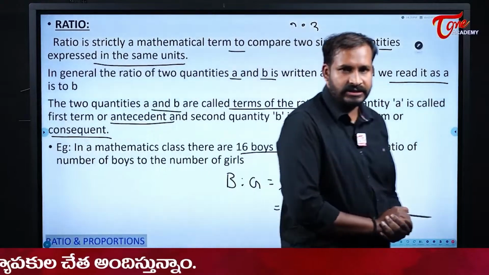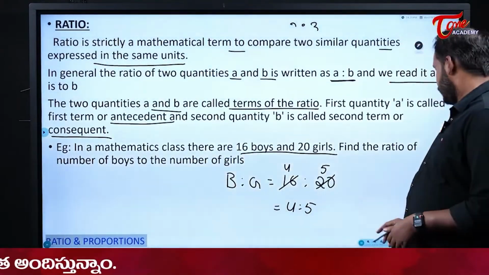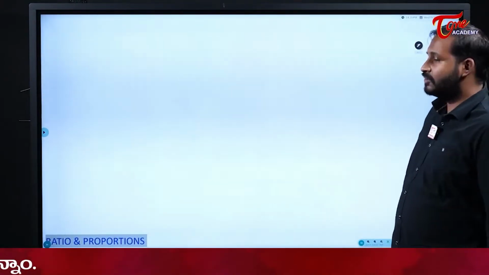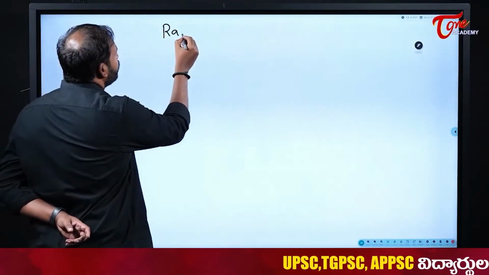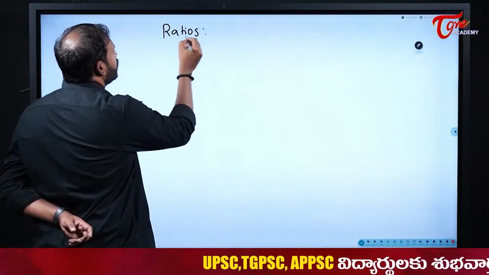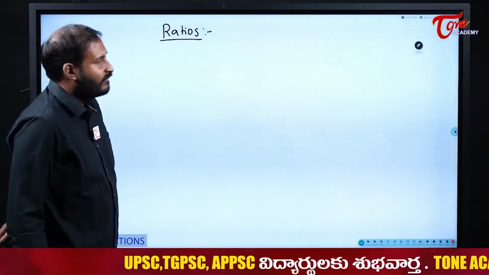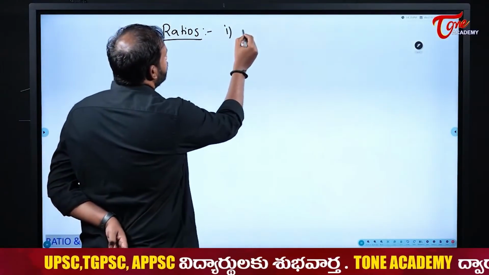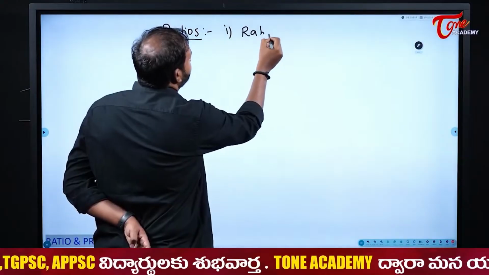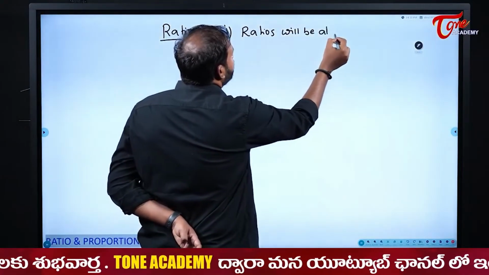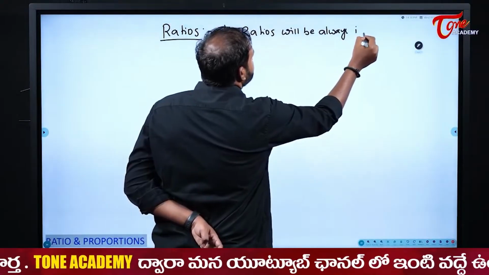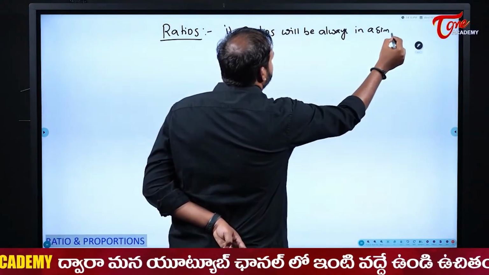Now please observe here, students. When it comes to these ratios, we should know some of the basic concepts. We should understand some important properties of ratios. What are those important properties? First and foremost, ratios will always be in a simplified form.